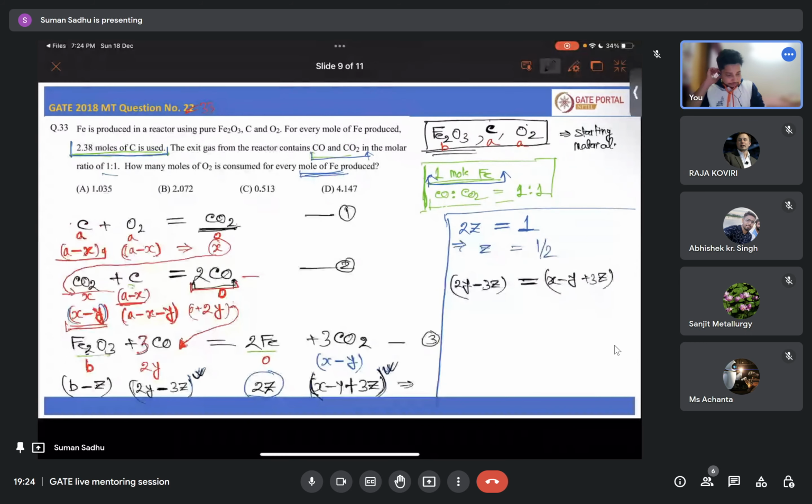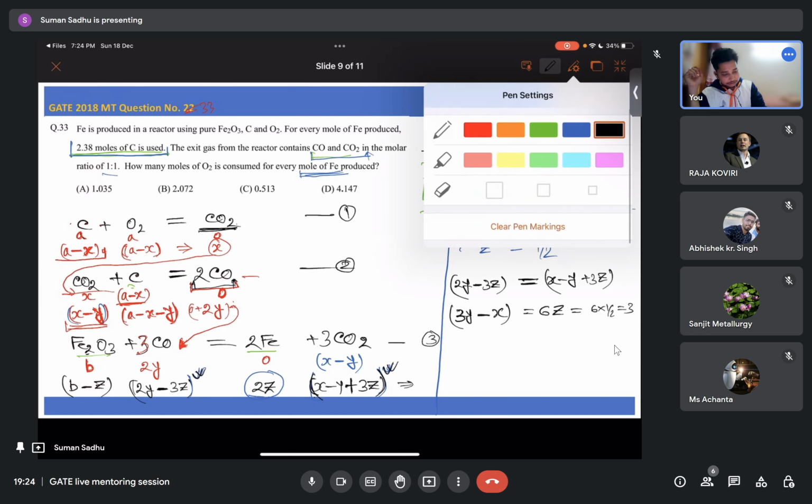Okay. So now already we know the value of Z. Z means half. So now we get the relation between 2Y and X, and this side Y. So 3Y minus X will be 6Z, which is equal to 6 into half, that means 3. So 3Y minus X is 3.